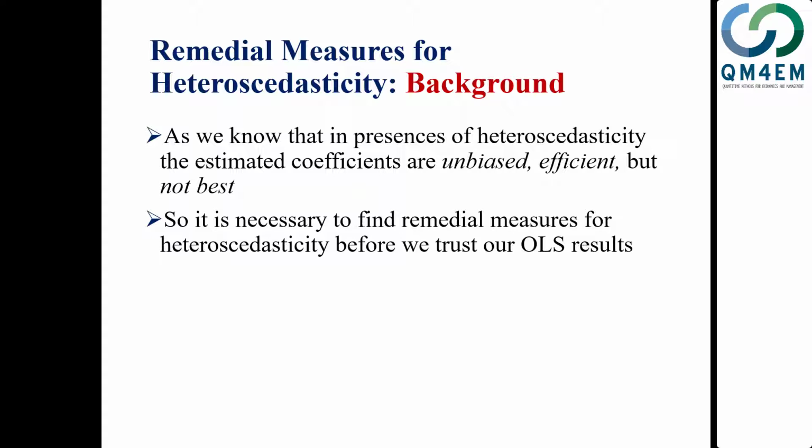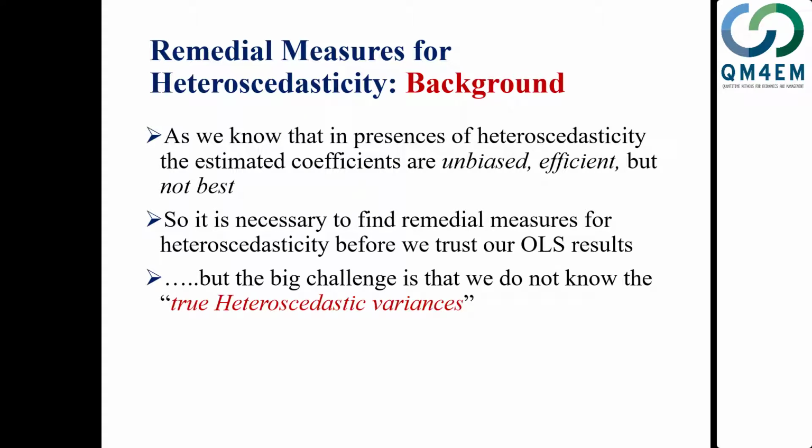Why? Because the variance used for testing these hypotheses is not the minimum, or not the true variance. So in principle the beta values are okay, but their variances are not, and because of that we cannot trust the results of the OLS estimator.